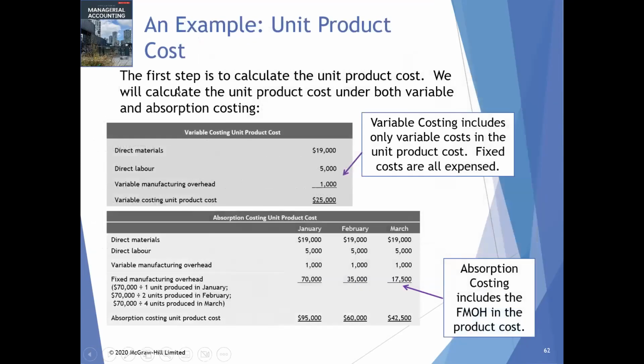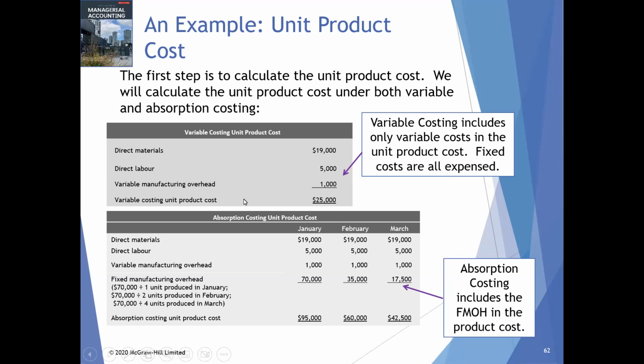Now look at this. The first step is to calculate the unit product cost under both variable and absorption costing. The first is variable costing. We know that 19,000, 5,000, and 1,000 make 25,000, the unit product cost under variable costing.